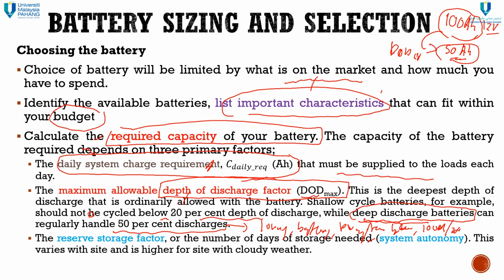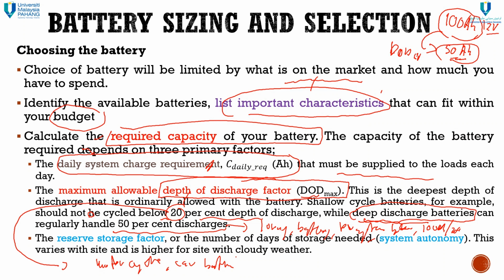What is the shallow cycle of the battery? Even though in the same class of lead acid batteries, 20%, the example is the motorcycle battery. Motorcycle, car, that battery can only go up to 20%. Please don't use the car battery as a replacement for your solar system, because it's very shallow and not deep.